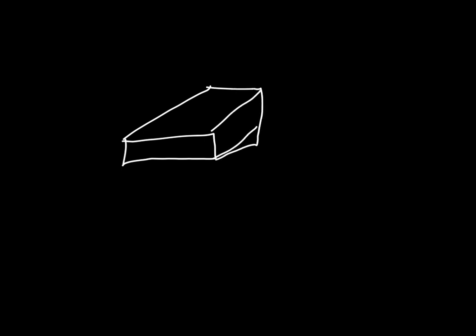All right, let me draw. So the dotted lines are what you fold, right? Yeah. Okay. So then, what if I drew the box like this? Oops, should be right there.